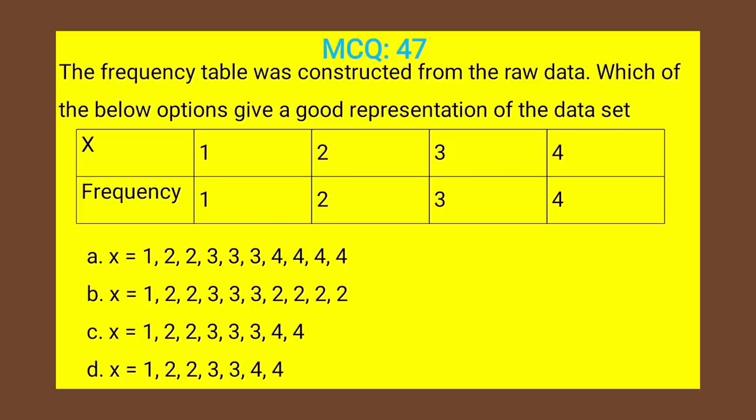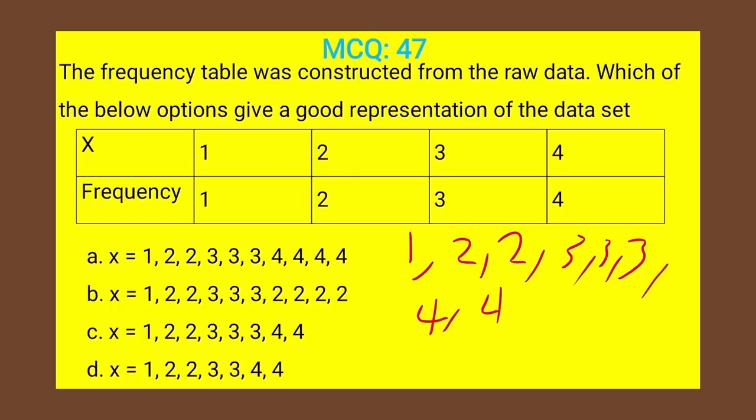You can clearly see that if you want to know the good representation of the options here to reflect the table, if x is 1, then the frequency is 1. If x is 2, then the frequency is 2. Likewise, 3, 3, 3. And if it is 4, then 1, 2, 3, and 4.